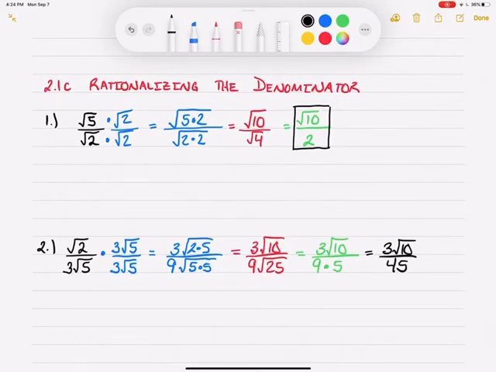Now, because I have 3 in the numerator and 45 in the denominator, and they're both outside of the radical, I can actually reduce. And when I divide both of these by 3, I end up with the square root of 10 over 15. And I can't reduce any further, so this will be my answer.